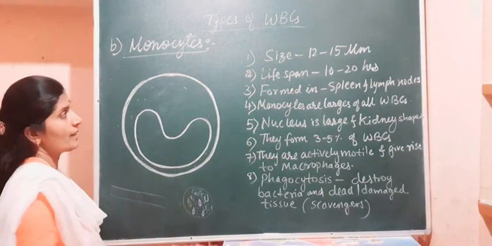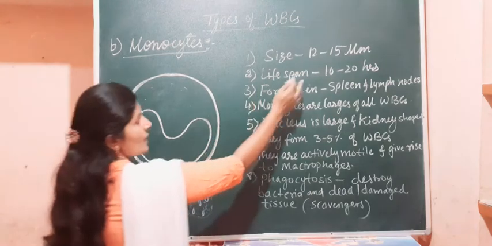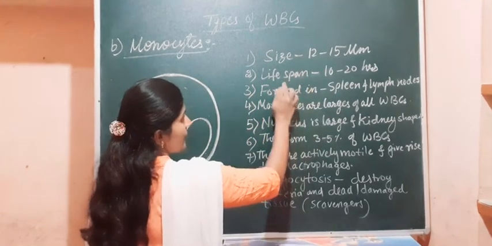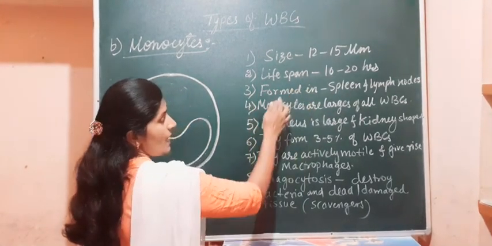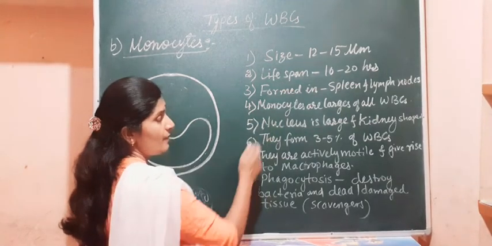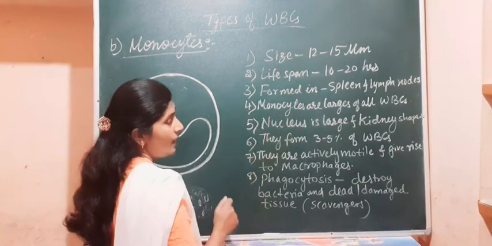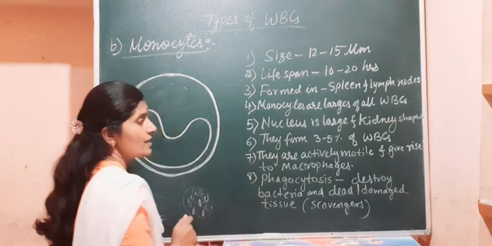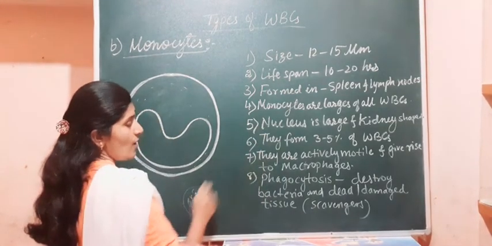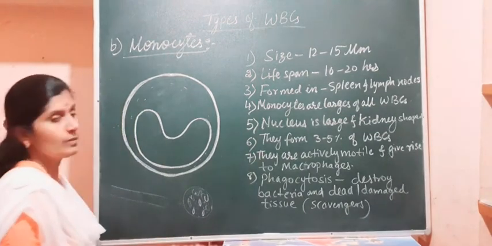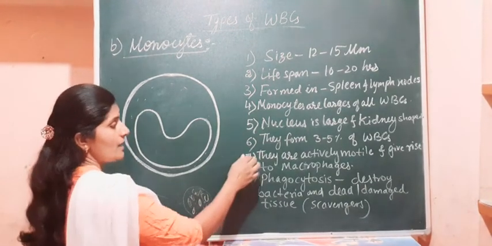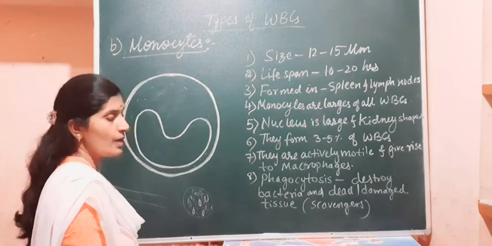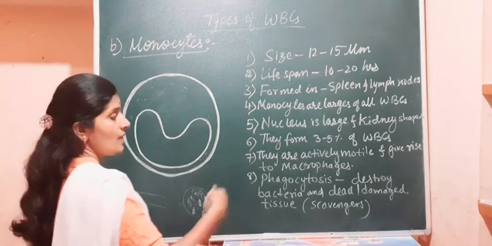So in review, the size is 12 to 15 micrometers, lifespan is 10 to 20 hours, and they are formed in the spleen and lymph nodes. Monocytes are the largest of all WBCs, the nucleus is large and kidney shaped, and they form 3 to 5% of the total WBCs. They are actively motile and give rise to macrophages.